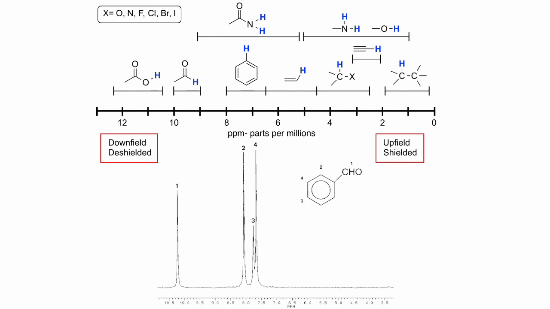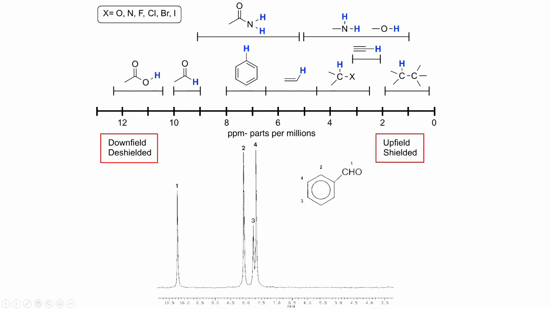The major thing we should know is that the hydrogen connected to the aldehyde should be more downfield, as we can see here, in the 10 range. So we're looking exactly right here. Meanwhile, hydrogens on a benzene ring should be anywhere between 8 to 6.5.